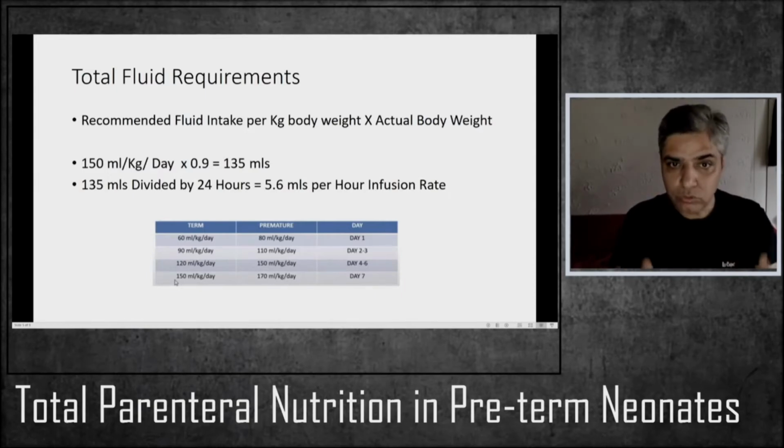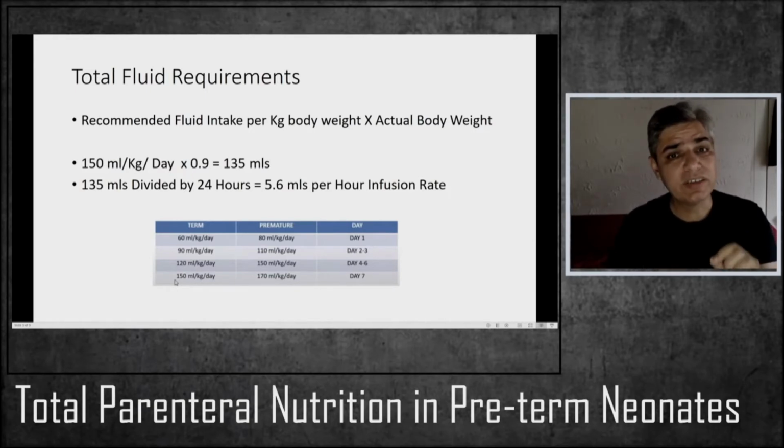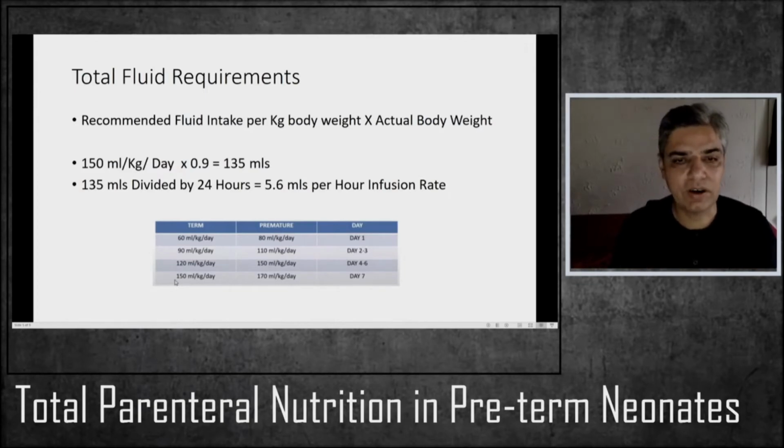So once you make up your TPN, this would be set at a rate of 5.6 mL per hour. So it will go very slowly. So 1 hour passes by, you would have 5.6, and 5.6 in another hour, and so on and so forth. So in 24 hours, by the end of that day, he would have received 135 mL.